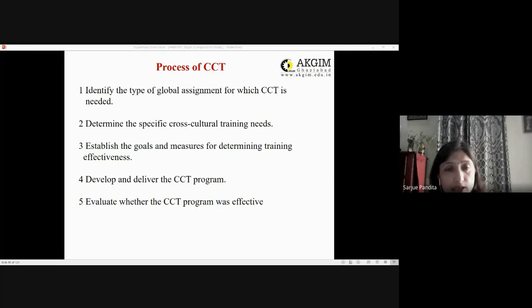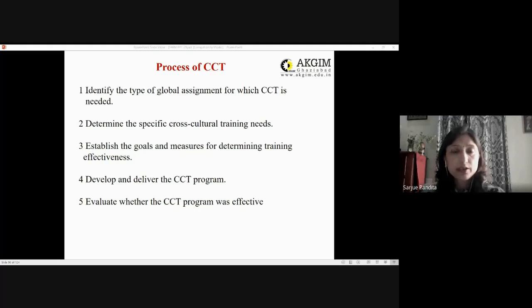So the cross-cultural training need has to be put in use according to the type of global assignment an employee has been sent on. So you need to identify the type of global assignment. Then you need to determine the specific cross-cultural training needs.